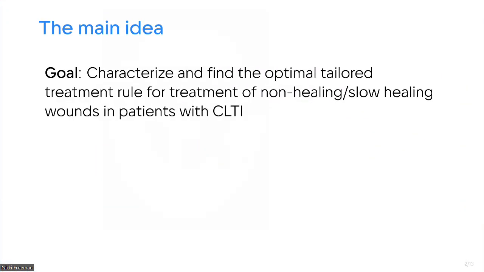Okay, so the goal here is to characterize, and I'll tell you what I mean by that in a second, and find optimal tailored treatment rules. And this work was inspired or motivated by work from chronic limb-threatening ischemia. So I have on here non-healing, slow-healing wounds for patients with CLTI, but really this could apply to any kind of treatment rule.